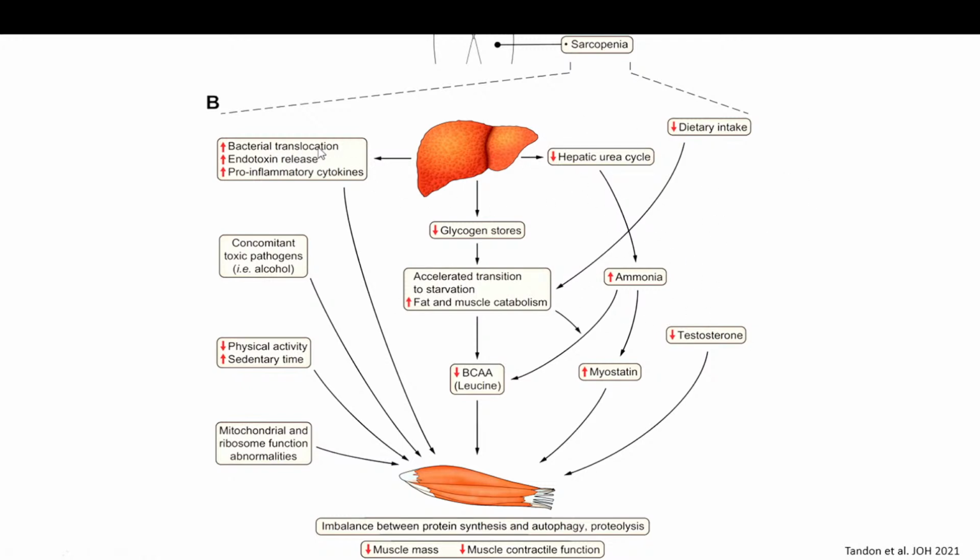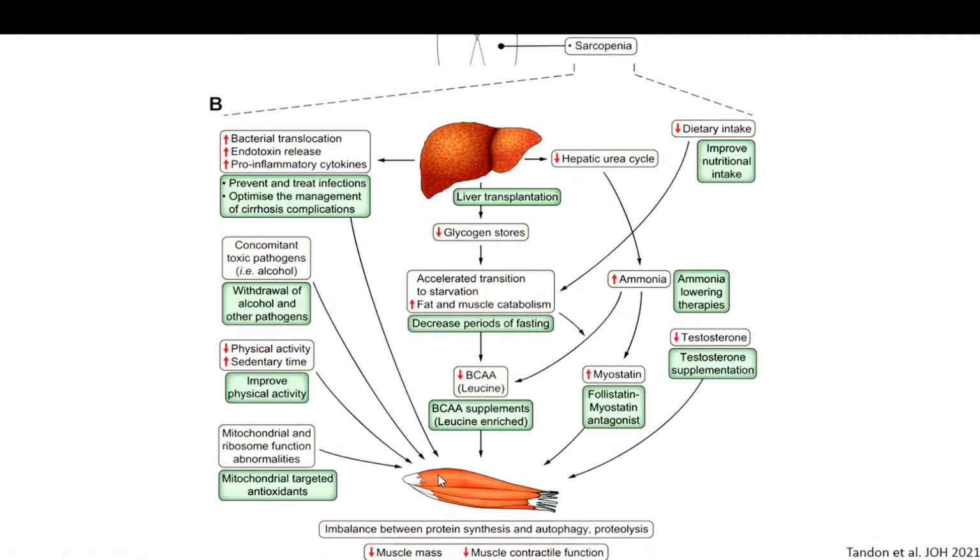Dietary intake, we've talked about. Endotoxins, SIRS, all these things which we talked about. Testosterone is something which I'm going to talk about because nobody has talked about it. The rest has been talked about in multiple sessions, so I'll not put so much time on it. This all leads to sarcopenia. So what has been proposed is, why not target each of these pathways? So the management involves targeting each of these pathways.